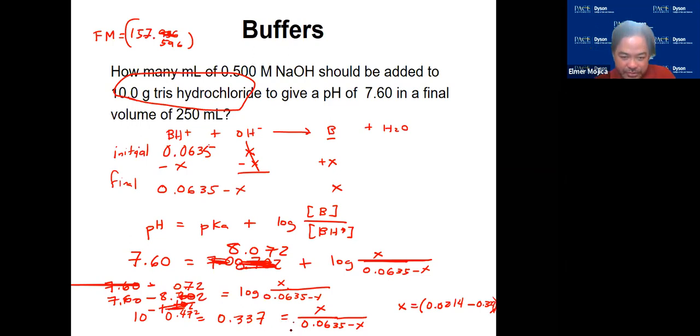If I cross multiply it with that number, I have x plus 0.337x, so 1 minus 0.337 is 0.663. So 0.663x equals 0.0214, which I divide by 0.663.